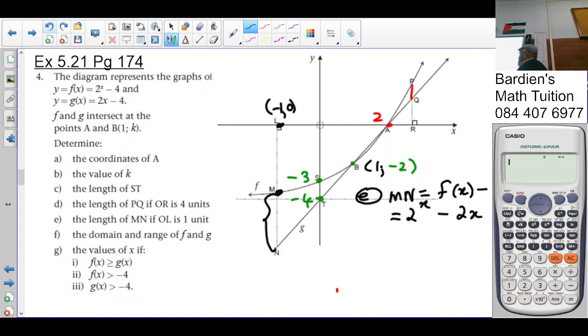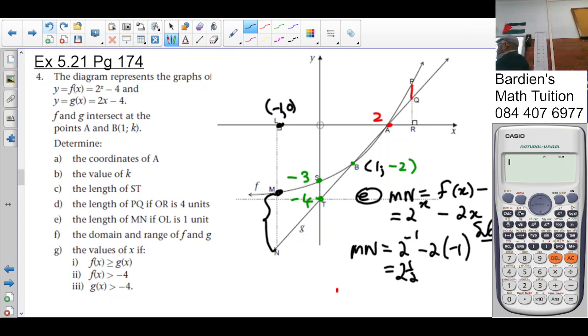At this point we substitute x equal to minus 1. So MN is equal to 2 to the minus 1 minus 2 times negative 1. So it will be half plus 2, which is 2.5. Okay, 2.5 units.